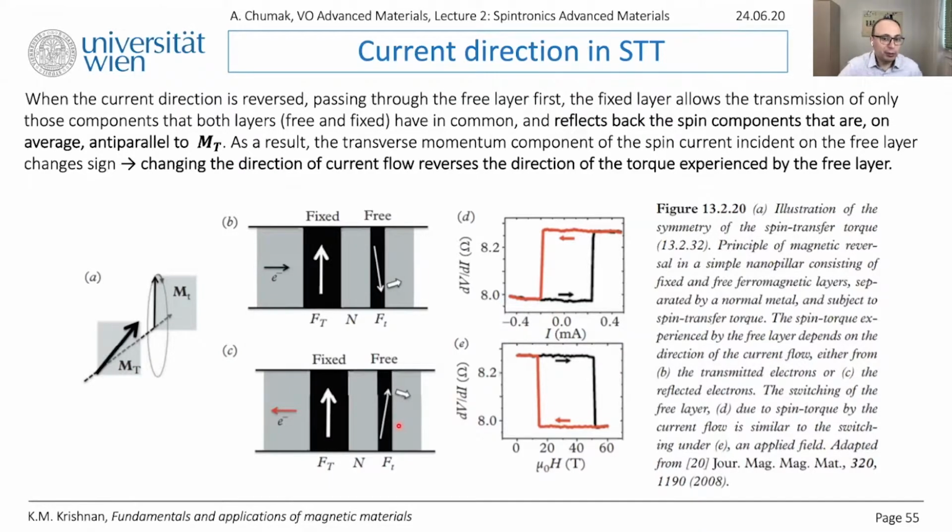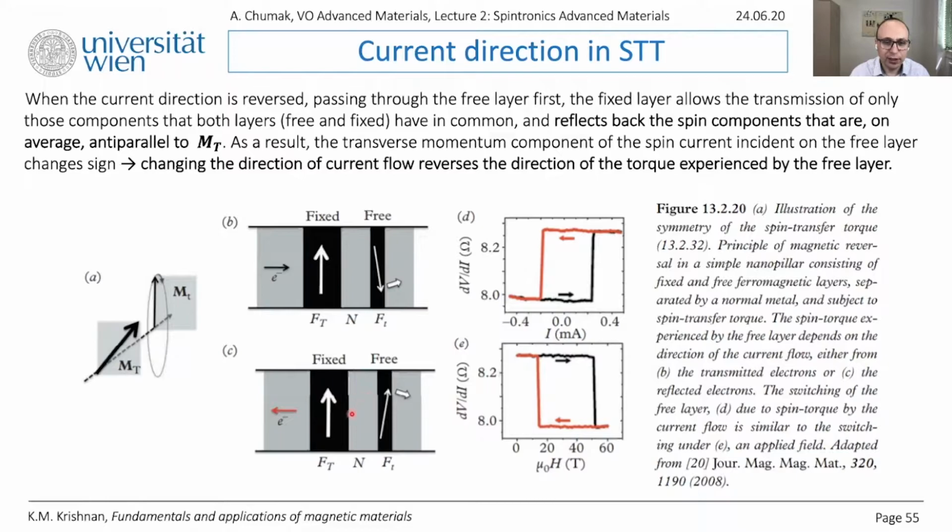It maybe looks a bit weird, but it's rather easy to understand, because what you should take into account also is a reflection of electrons. When you send current here, you of course will get some small spin polarization of the electrons, but assume that since the thickness is very small, spin polarization is small. Then this thick layer acts as a filter, and from all different spin polarizations, the electrons which have proper polarization, like this magnetization, will go through, but the rest of the electrons will be reflected.